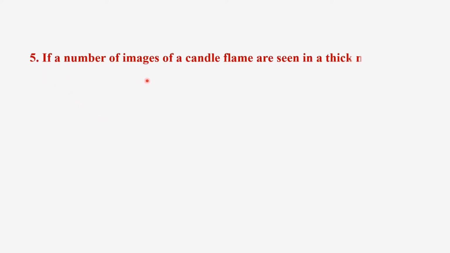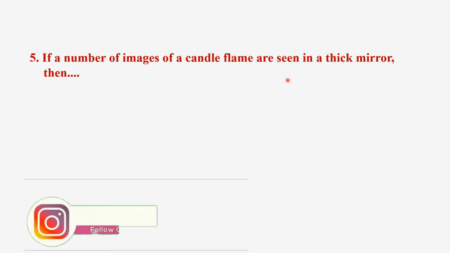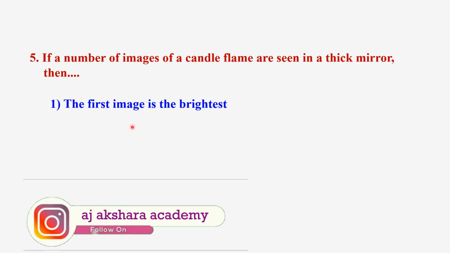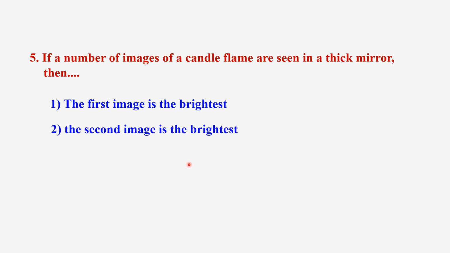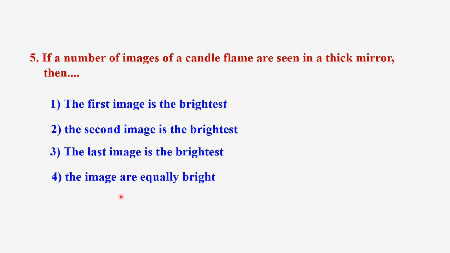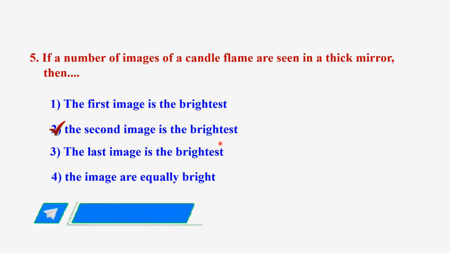If a number of images of a candle flame are seen in a thick mirror, then the first image is the brightest, the second image is the brightest, the last image is the brightest, or the images are equally bright. Here, the second image is the brightest image compared to the first image.